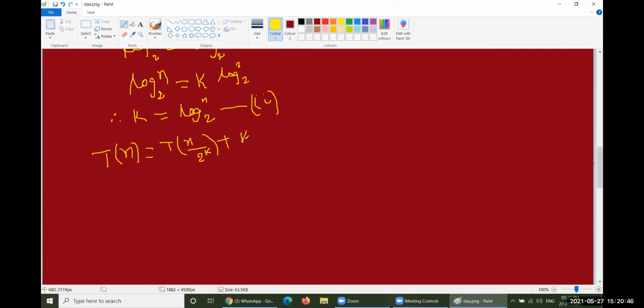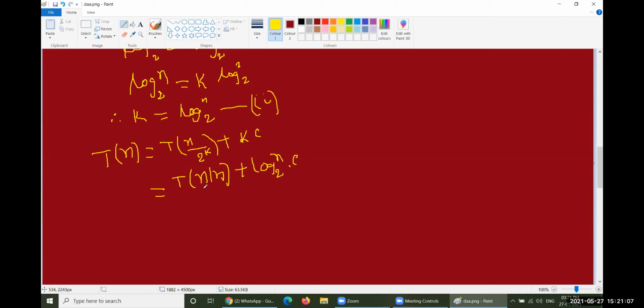This is the actual equation. Instead of 2 power k, you have to substitute n. Instead of k, log base 2 of n will be substituted. So that equals T of n by n, plus log base 2 of n into c.